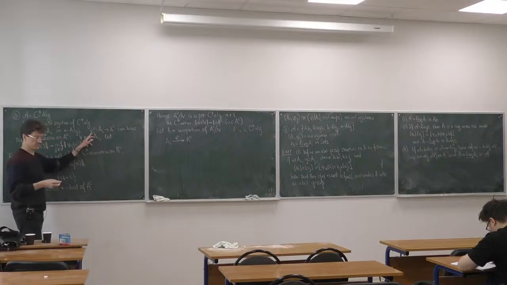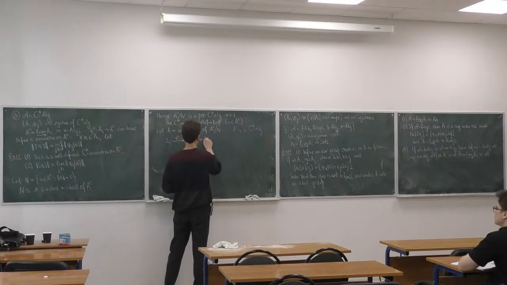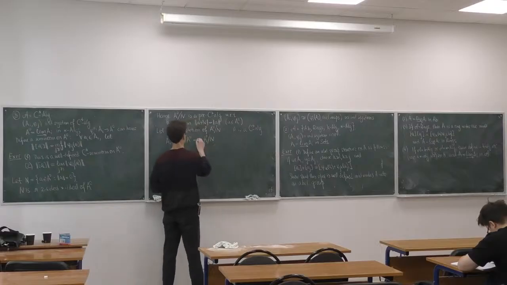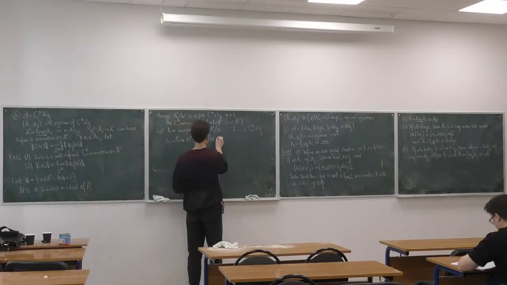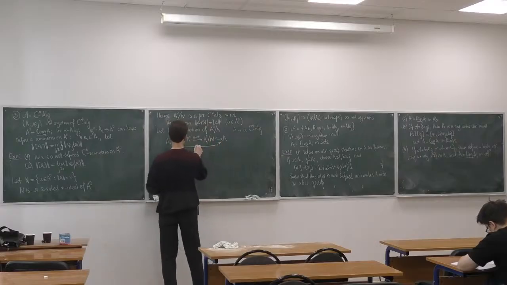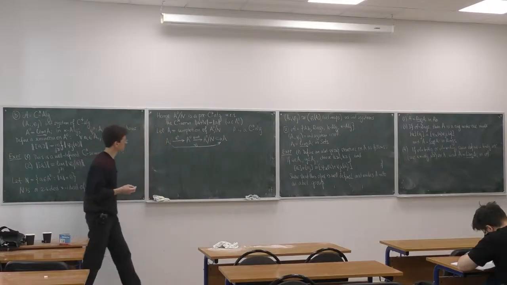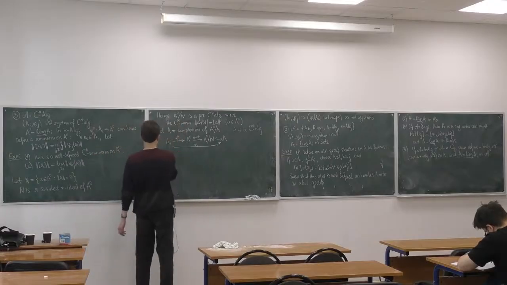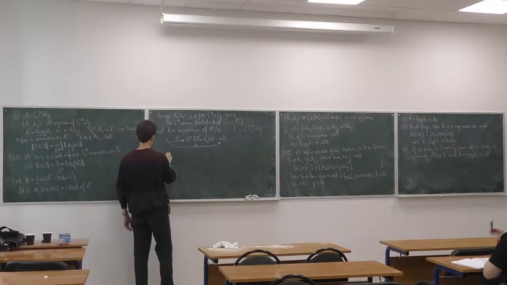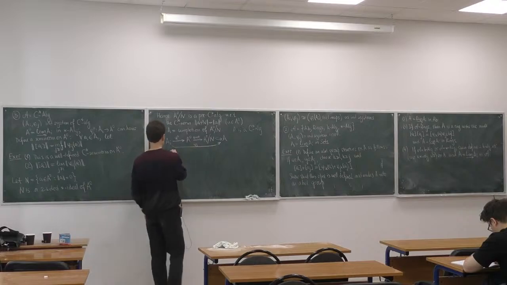We compose this with the quotient map, and finally we embed this into A, the completion. The composition of all these maps will be denoted by phi I. And clearly, this is a star homomorphism. And now, a simple exercise is to show that A, together with these morphisms, is an inductive limit.